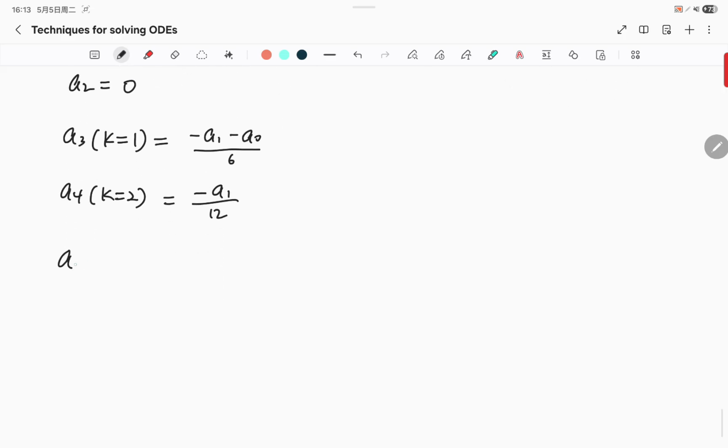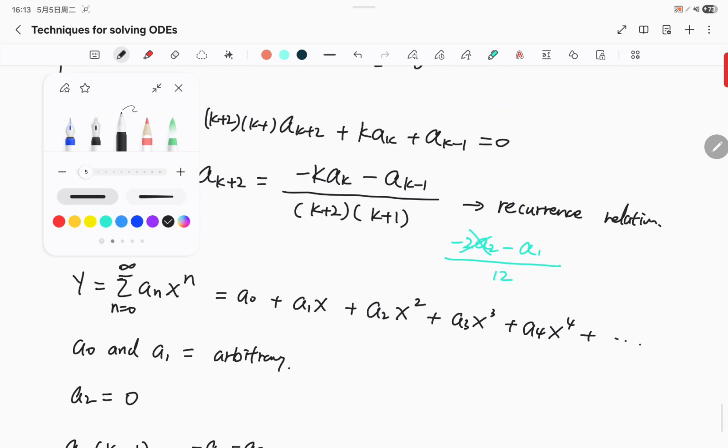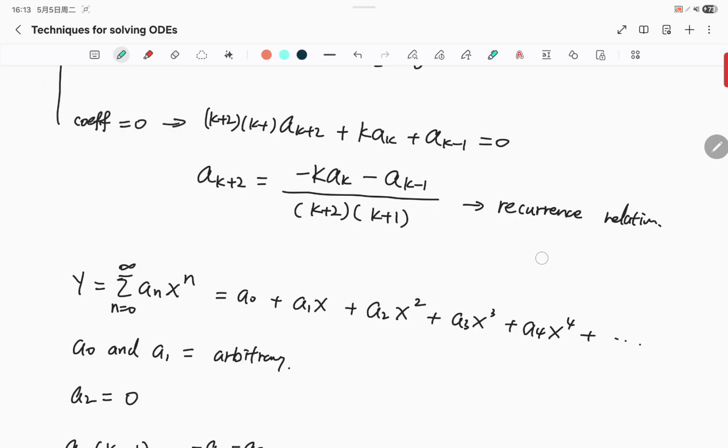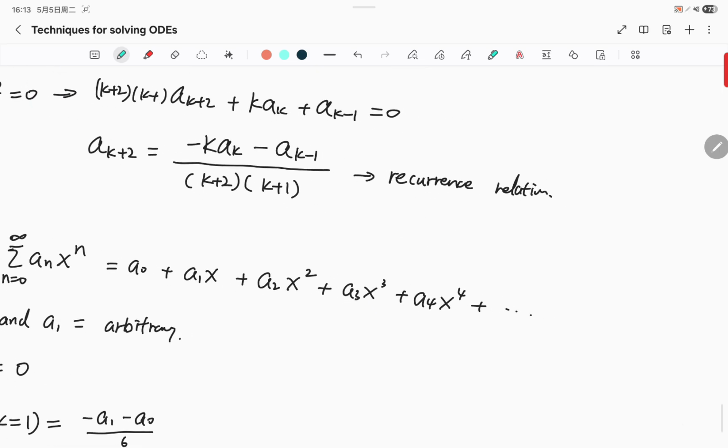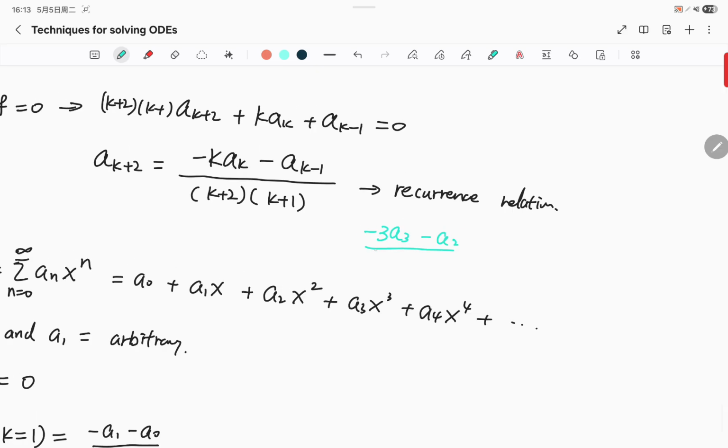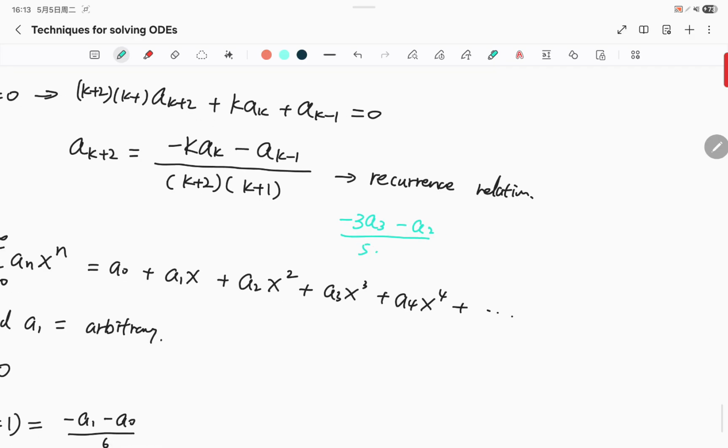Next, we have a5. K is 3. Update this. When k is 3, we have minus 3, a3 minus a2, divided by 3 plus 2, 5, times 3 plus 1, 4, so that's 20.